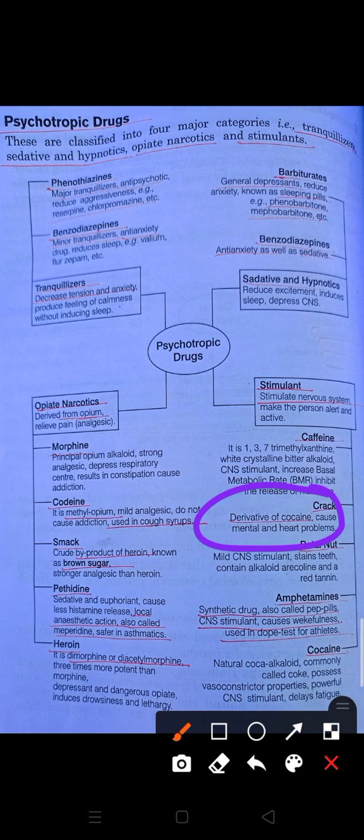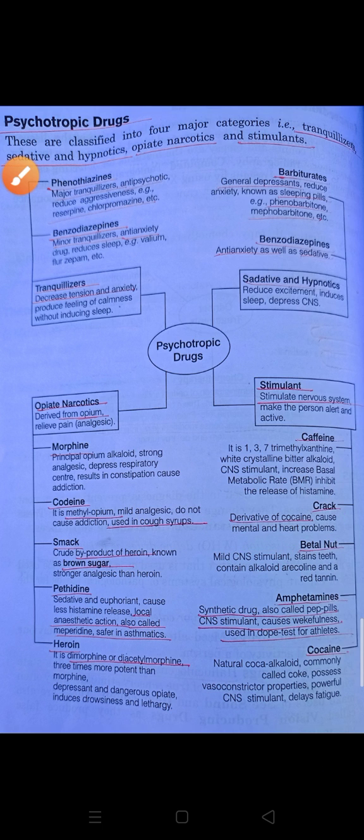So it affects the heart, causes nasopharynx damage, hepatic damage, or mental problems. Are you getting my point? Heart problems and mental problems. That's why this is a very dangerous type of drug. Next is betel nut. Can you see here, betel nut?